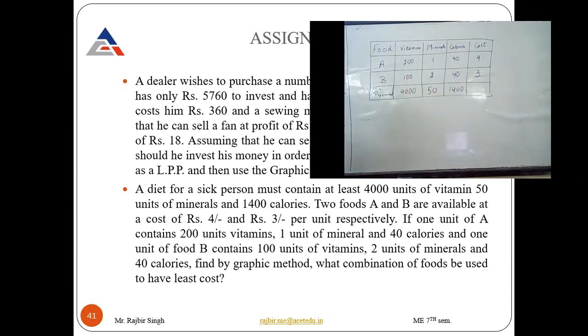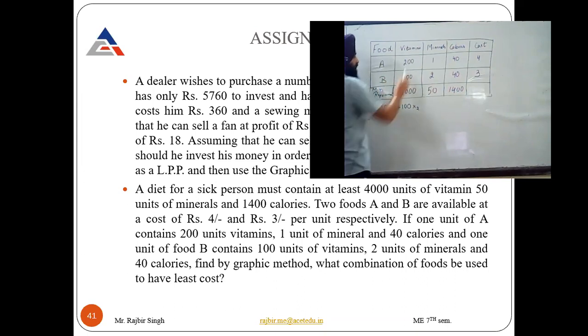Now convert this table into equations. Let x1 be the number of units of A and x2 be the number of units of B. So 200 multiplied by x1 plus 100 into x2 is the total requirement of vitamins.